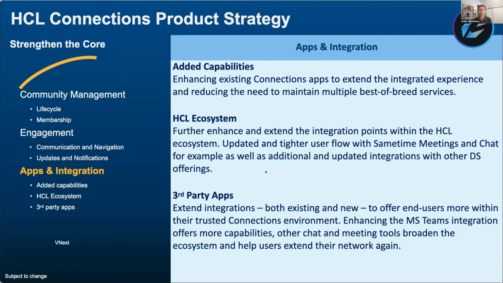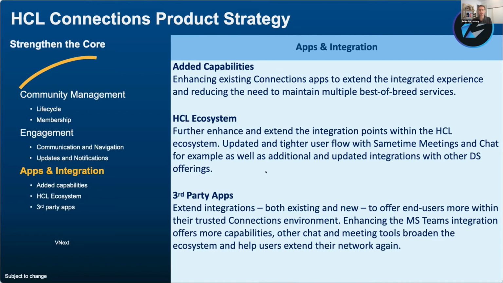So this might be adding capabilities to wikis, for example, so that I don't need a third-party wiki or blog or forum if we're using one today because we feel like Connections isn't quite delivering all the features you want. There are expansions within the HCL ecosystem. So this might be Sametime integration with meetings and chat, or integrating with other HCL digital solution offerings, or improving the integrations we have today.